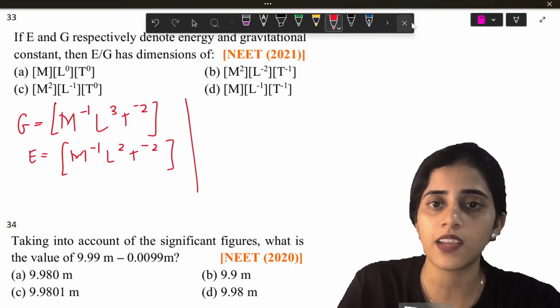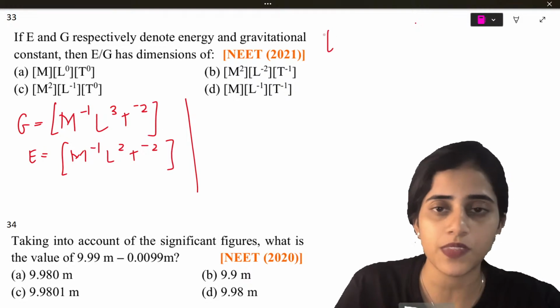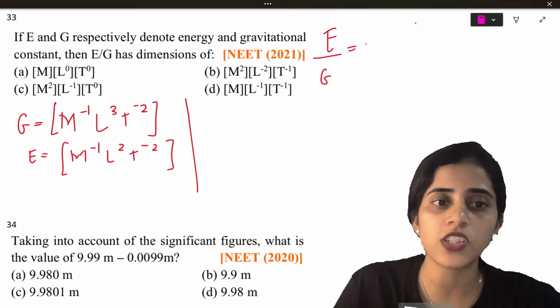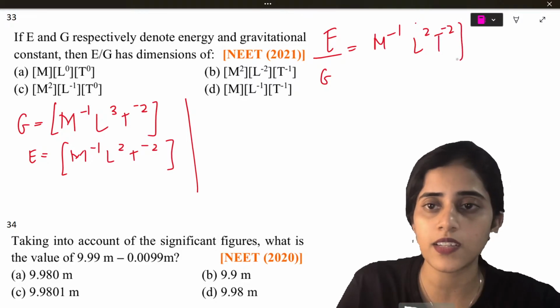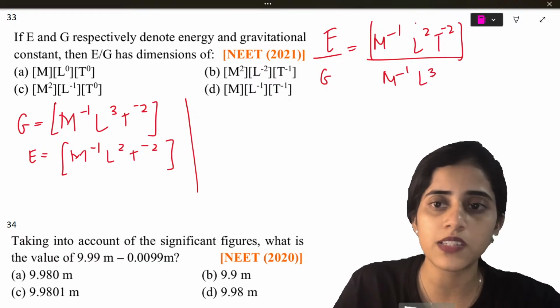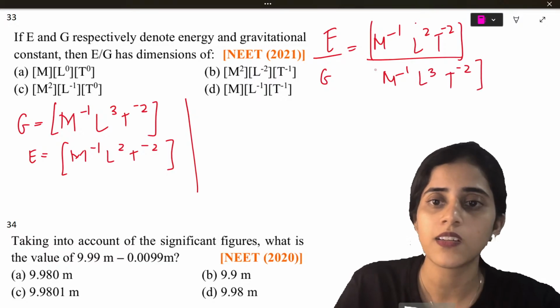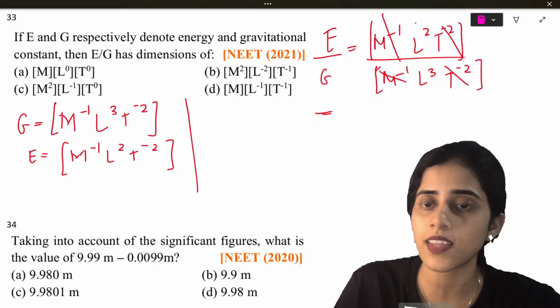Let's finish this first. I have to take the ratio of E by G. Okay. So E by G is what? M raised to minus 1 L square T raised to minus 1, the whole divided by M raised to minus 1 L cube T raised to minus 2. So this cancels. This cancels.